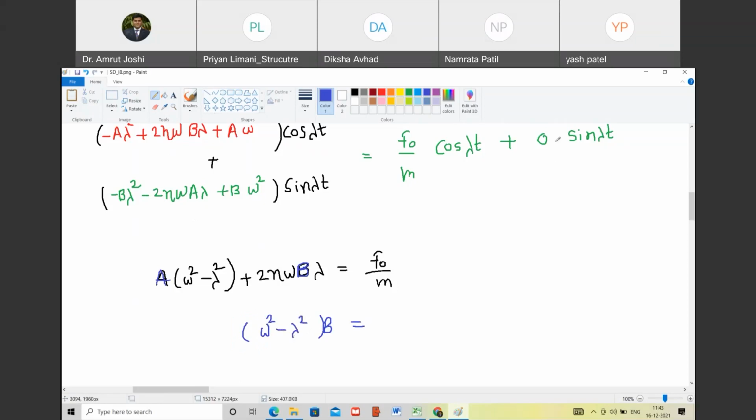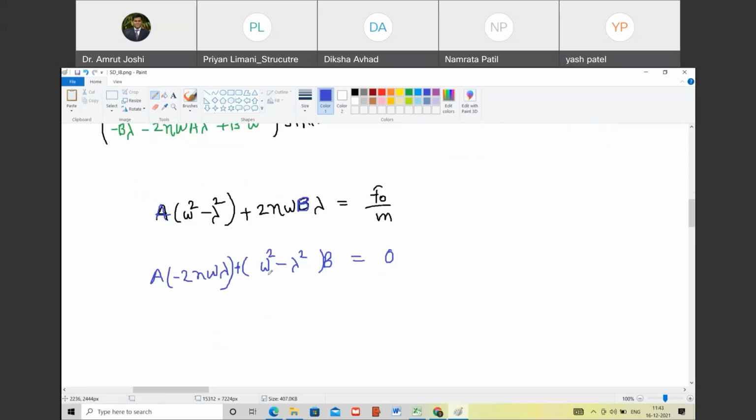This must be equal to 0, and then the remaining term is a into minus 2 eta omega lambda plus this. Do you agree with me? How do you solve these two equations? Tell me. How will we solve these two equations?